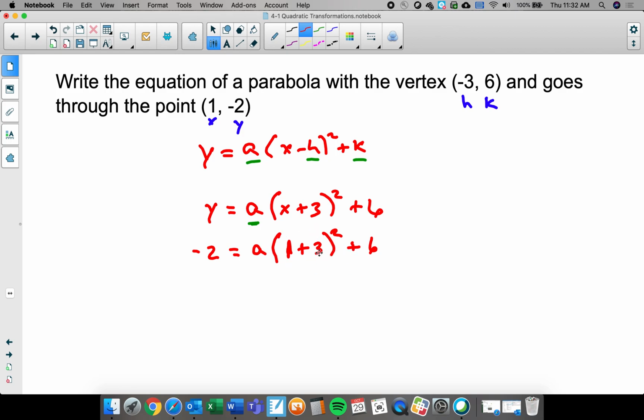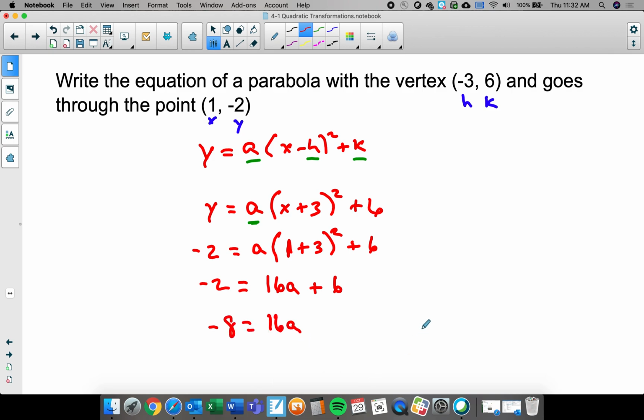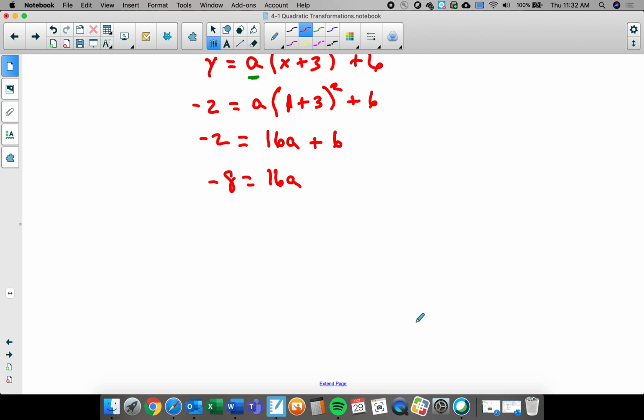So as we take a look, 1 plus 3 gives me 4. 4 squared means that I've got 16A right here in that spot. Okay, equal to -2, still a plus 6. And now I solve for A. Subtract the 6 over. That will give me -8 equal to 16A. Divide both sides by 16, and I find out that A is -1/2 when I divide by 16.